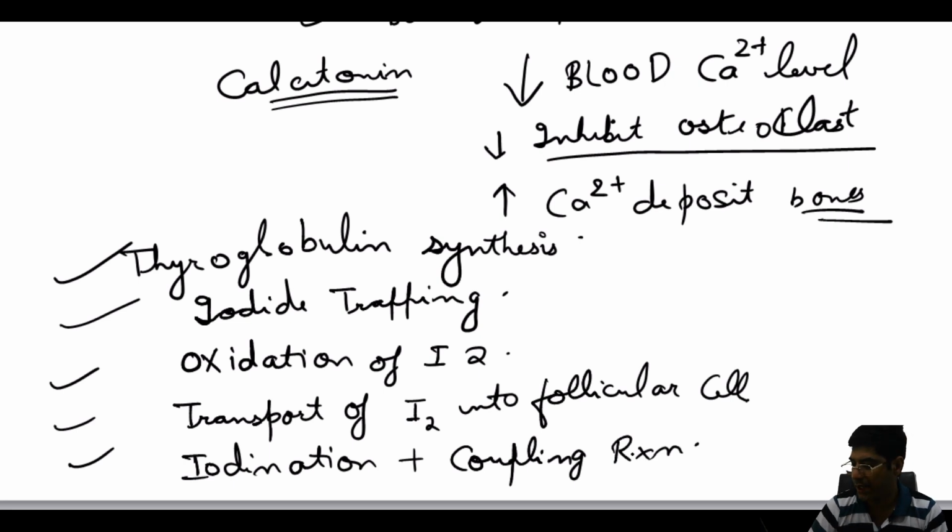Monoiodotyrosine combines with diiodotyrosine to form T3, and two diiodotyrosines combine to form T4.